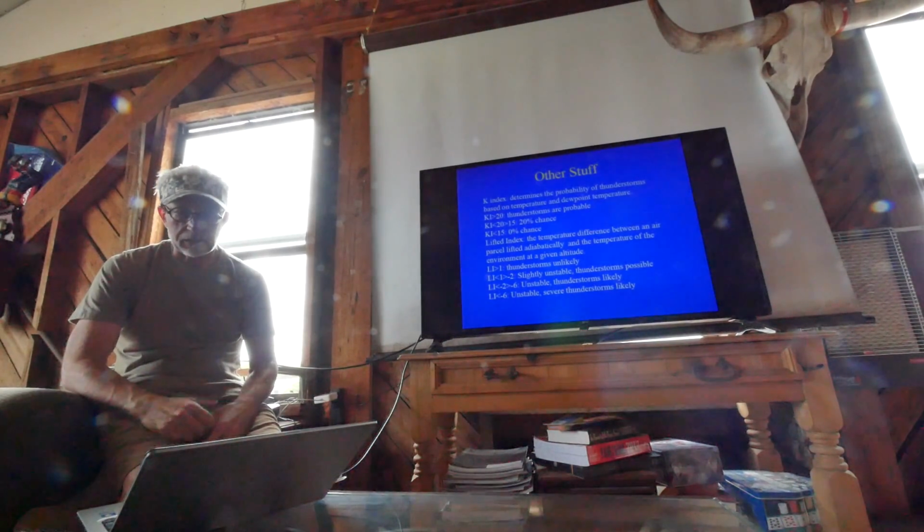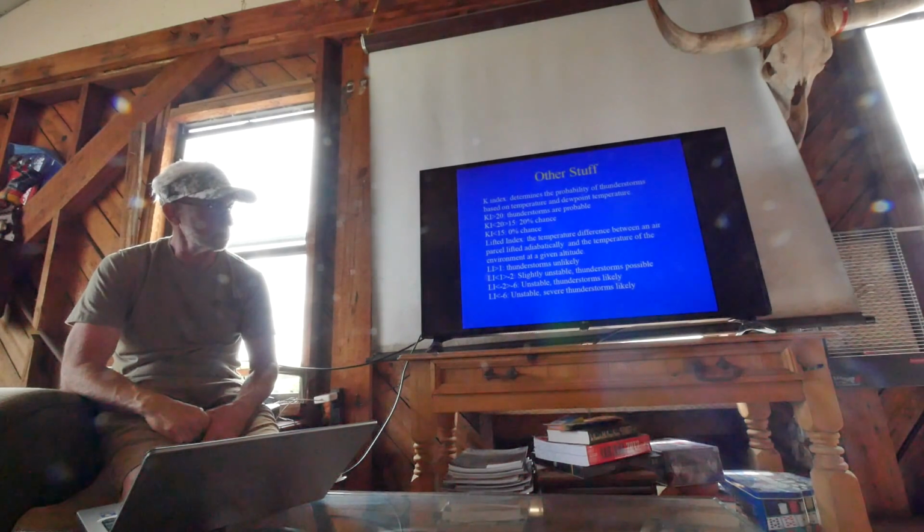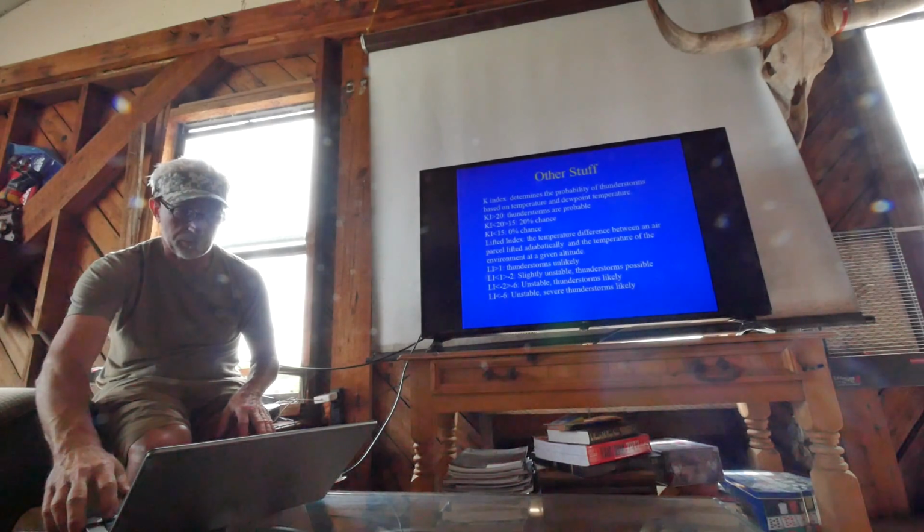A lifted index greater than 1 means thunderstorms are not likely. However, if it's less than -6, then it's unstable and you're going to get severe thunderstorms. And I'll show you an example of that at some point here.